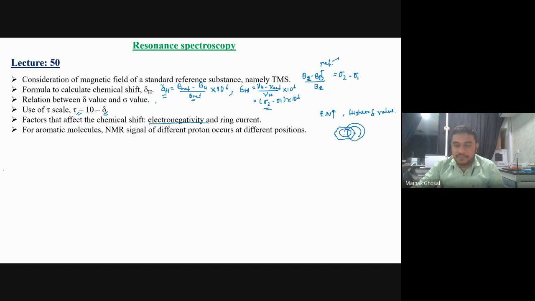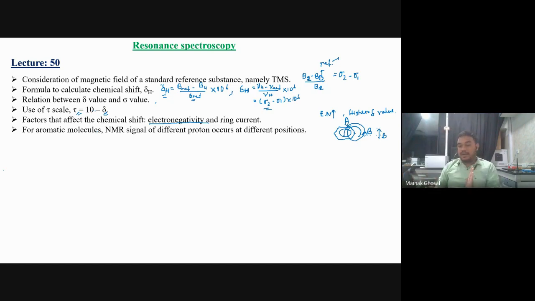You can see this point is designated as B, and if I designate this point as A, at point B the magnetic field is getting increased because the induced field is in this direction, but at point A it will oppose the magnetic field because it is coming like this.